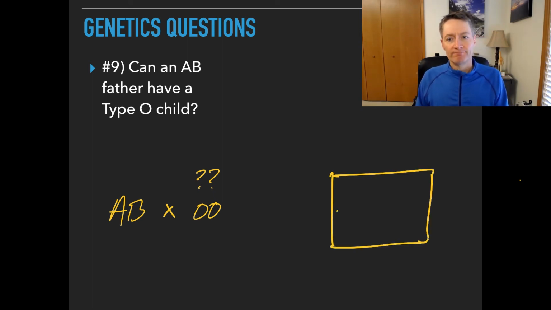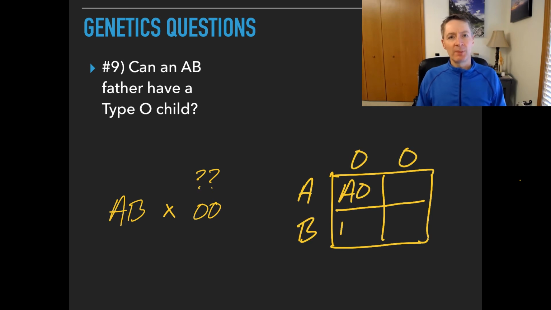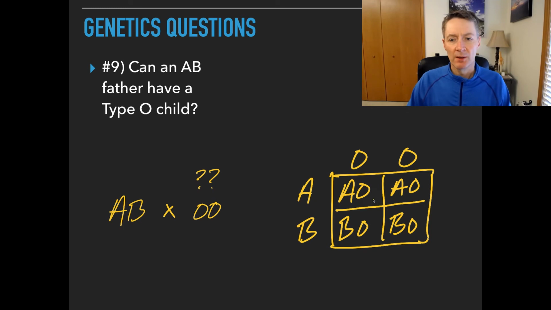Okay, so one way to approach these kinds of genetic questions, just to prove it to yourself, we make a Punnett square. Put AB on one side and OO on the other side. I know some of you probably remember these, and maybe you don't love this stuff, but this is an easy way to prove it to yourself. AB parent. Mother is O, but they can only give one, right?